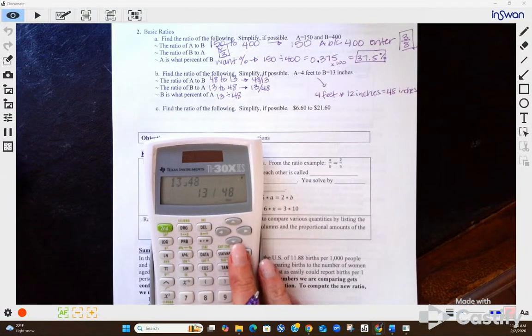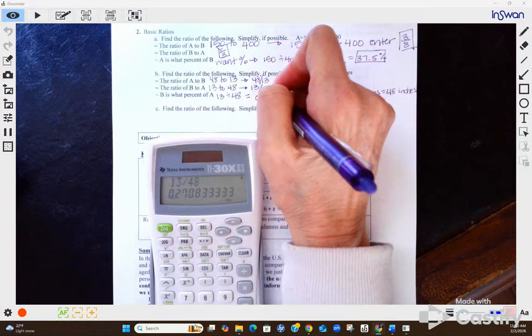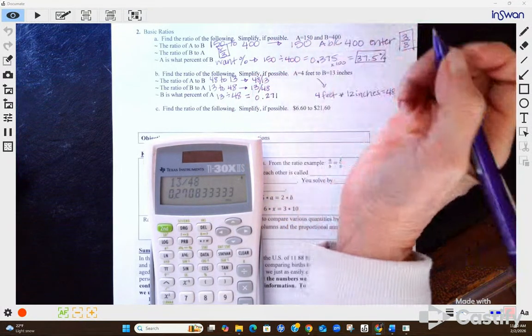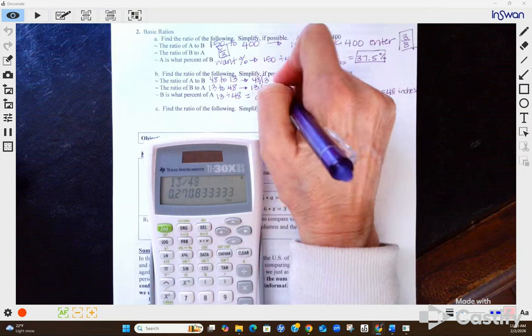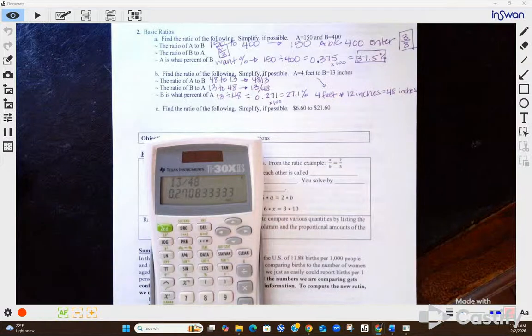All right, so if we go back to 13 divided by 48, the calculator is going to give us 0.271, and then if you multiply that by 100 or move the decimal 2 places to the right, you get 27.1%.